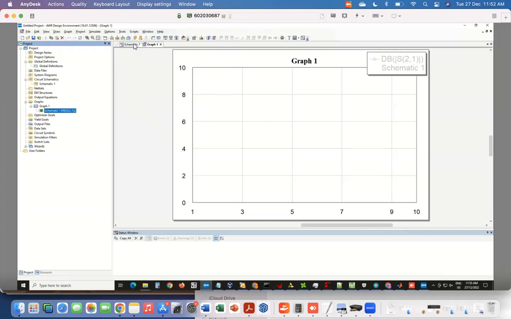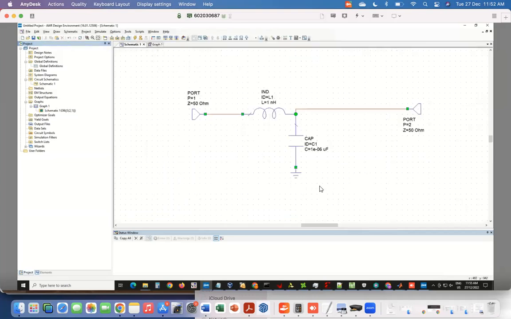But for the case of just one LC section, I want to look at it in a slightly different way, right? So you have essentially only two parameters, which is L and C.